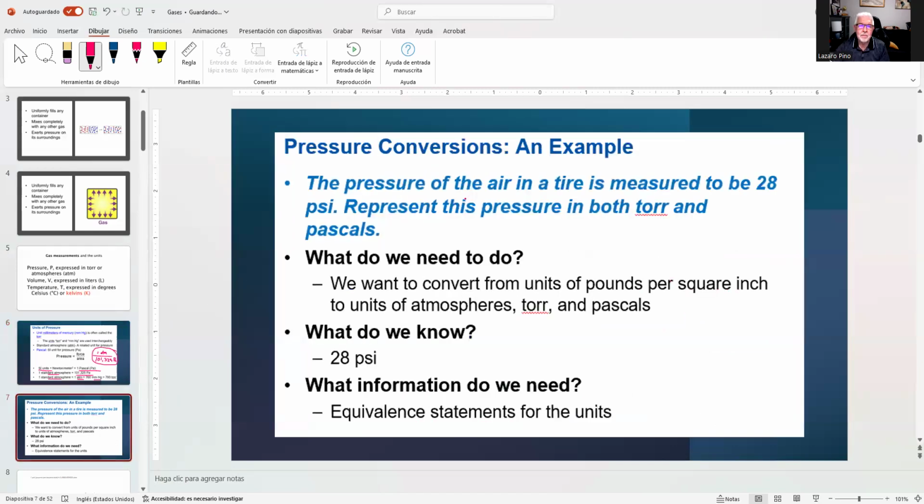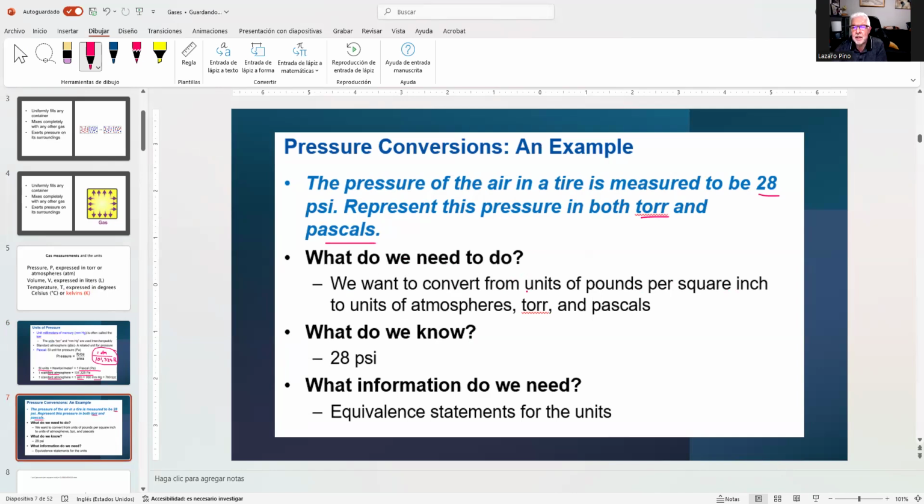For example, the pressure of the air in a tire is measured to be 28 PSI. It means pounds per square inch. Represent this pressure in torr and in Pascal. What do we need to do?